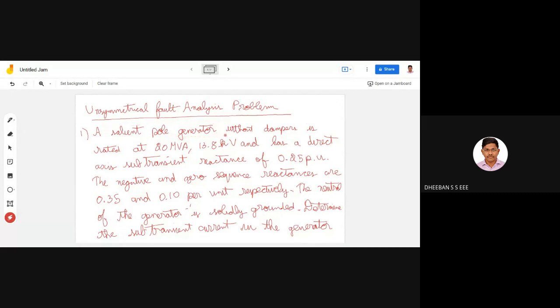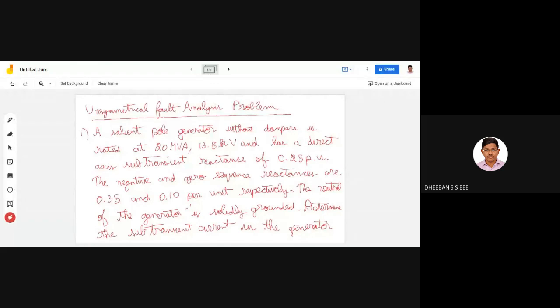This generator is rated at a base power of 20 MVA, and the voltage it is generating is 13.8 kV, and it has a subtransient reactance. What does the subtransient reactance refer to? This is the reactance attached to your generator unit.